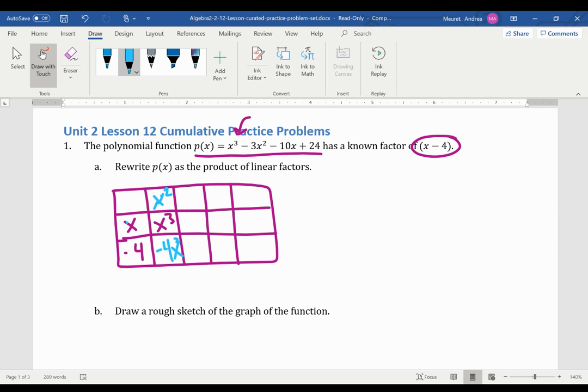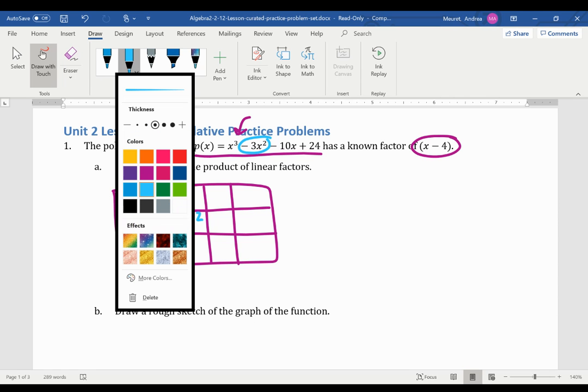And then I need negative 4x squared and something else to add up to negative 3x squared. So to get a negative 3x squared, the box diagonal from it needs to be x squared, because then those two would add up to negative 3x squared.